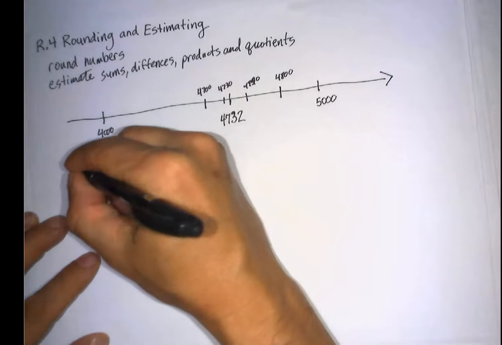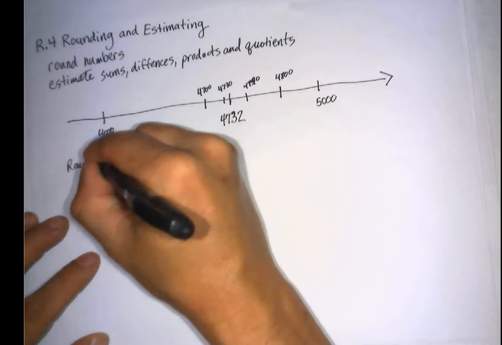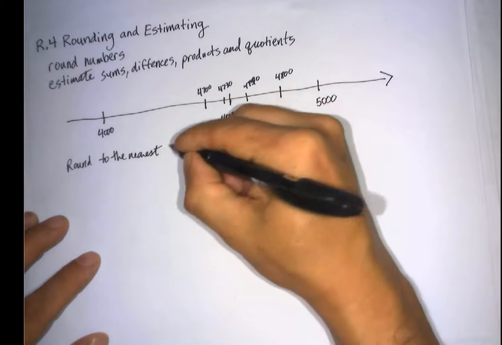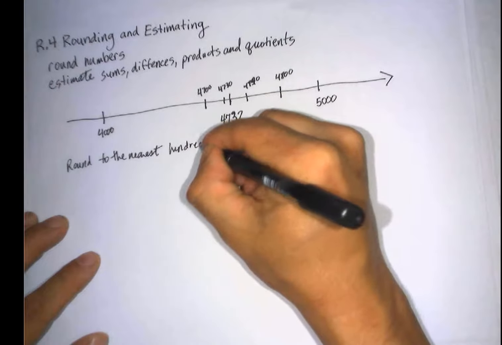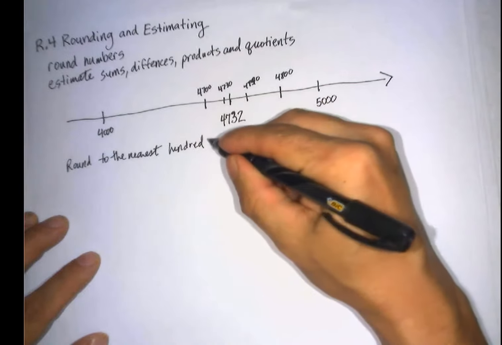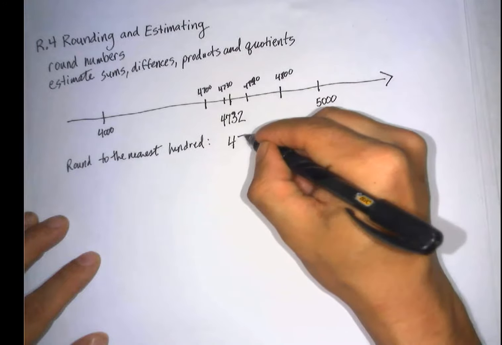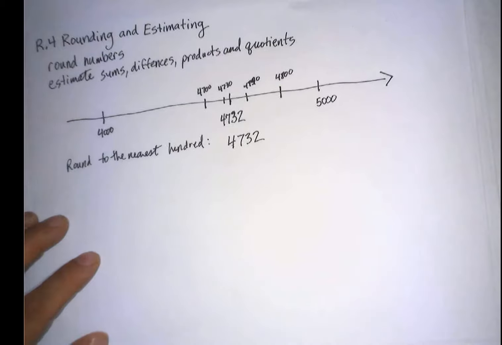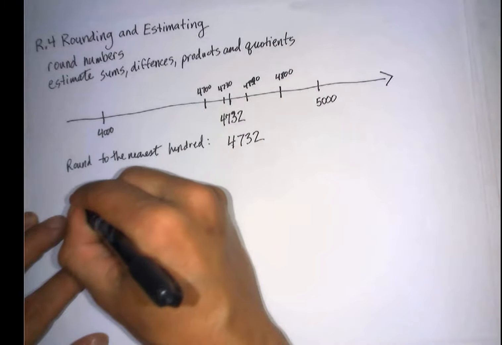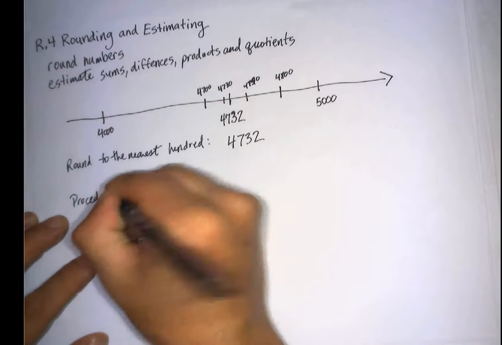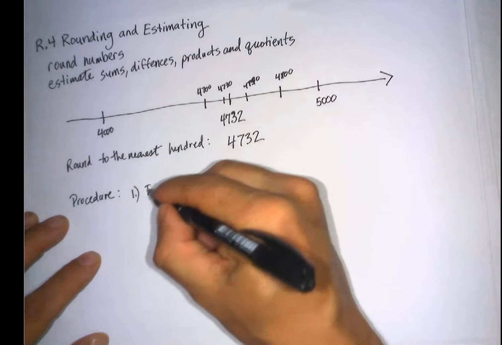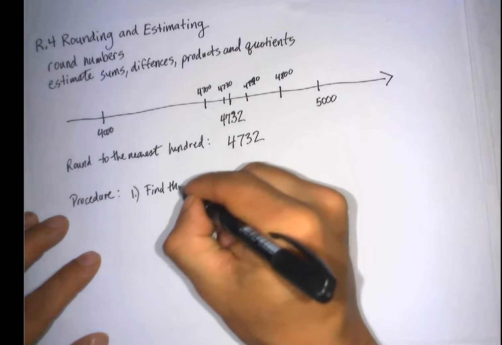So let's round to the nearest 100. Let's formally do this. 4,732. Okay, we already know the answer is 4,700, but let's look at the procedure for rounding. So the first thing we're going to do is we're going to find the place value we're rounding to.